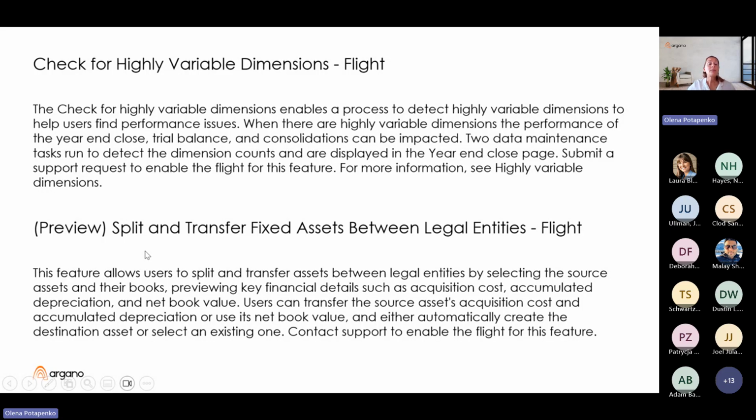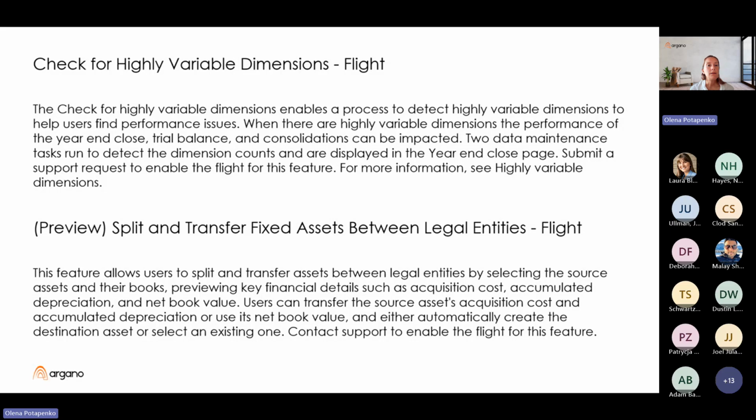Now in D365, it's quite a manual process. This feature allows users to split and transfer assets between legal entities by selecting the source assets and their books, previewing key financial details such as acquisition cost, accumulated depreciation, and net book value.